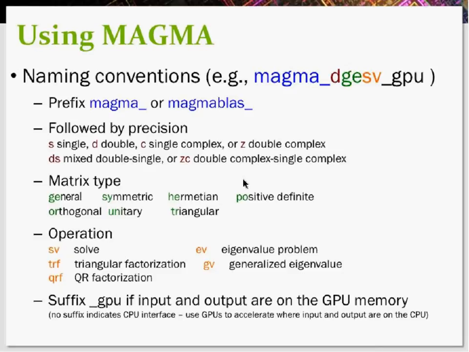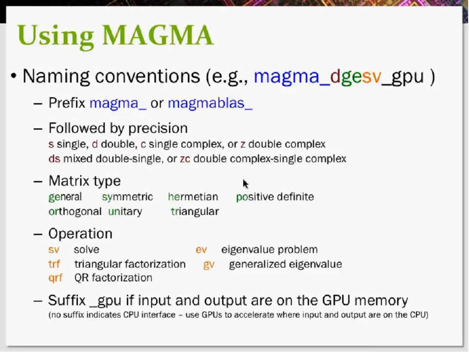So in general, there is the corresponding complex. And this is followed by the operation that the routine does: SV is for solve, for example, if you want to solve a linear system, LU or triangular factorization, QR and so on, the eigenvalue problem, the general one.